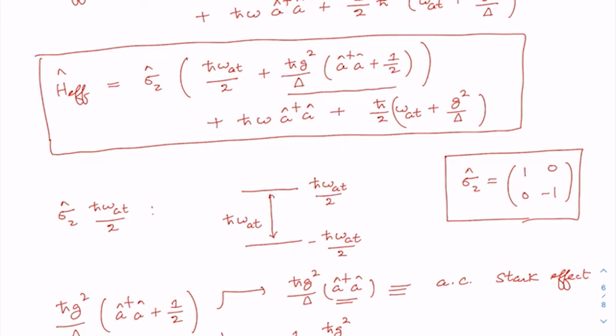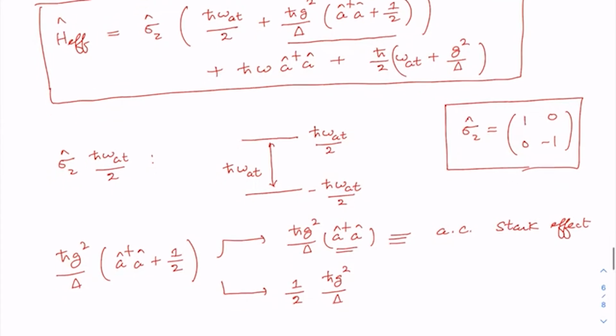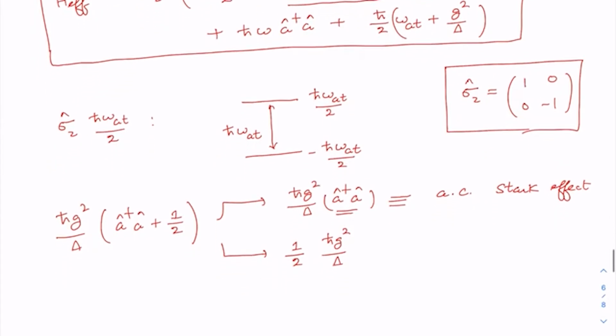In the presence of the photons, that atomic transition frequency is getting shifted, and photons are related to the quanta of the electric field. So that's why we can term it as the AC Stark effect. On the other hand, this term refers to the shift due to the vacuum fluctuation, and this has a name: it is analogous to the so-called Lamb shift.